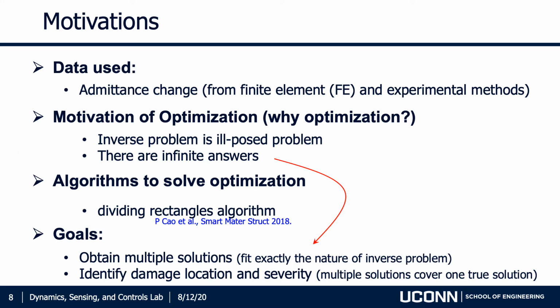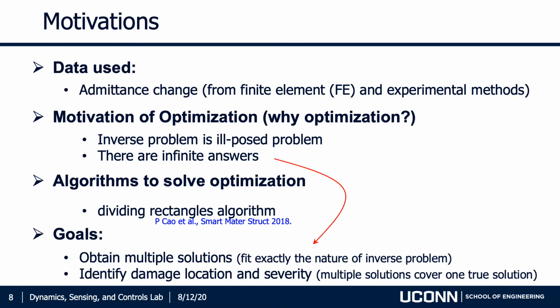So here, the data used in this method is admittance change from finite element or experimental methods. As we said before, the damage identification is an inverse process, and the inverse problem is always ill-posed. There is no unique answer.